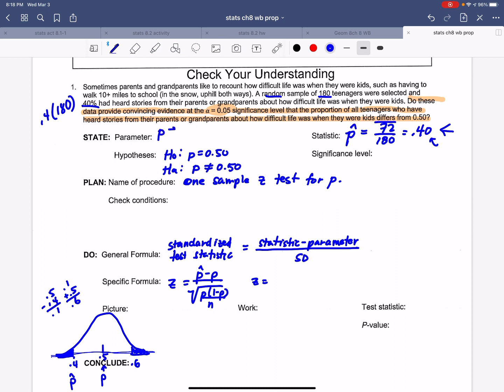All right, so what is our parameter? And we're copying this from the problem. The true proportion of all teenagers who have heard those stories.